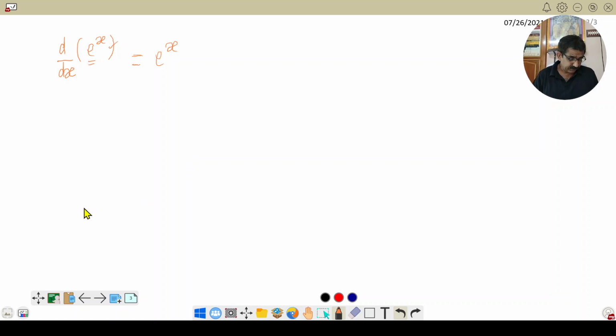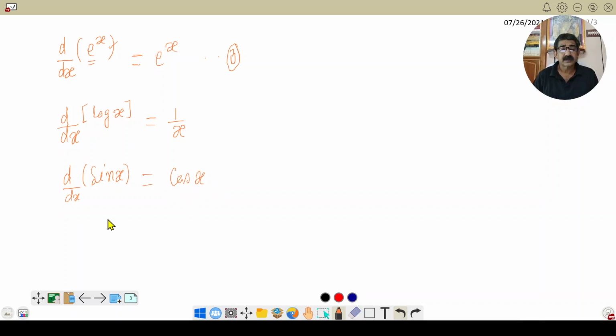Now, this is rule number 3, and d dx of logarithm x is equal to 1 by x. d dx of sin x, it's a trigonometric function, is equal to cos x. d dx of cos x is equal to minus sin x.